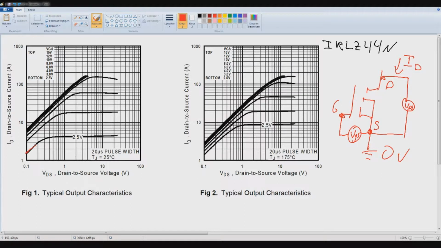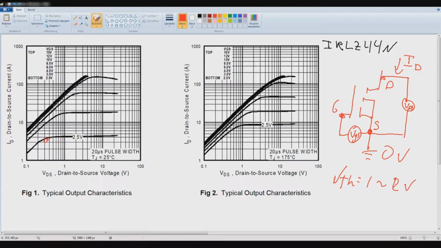If you look at the first line, which is at the gate to source, the gate is 2.5, and if you remember that V threshold was about 1 to 2 volts, so we are starting at 2.5 volts, and the further we go into the drain to source voltage, the current doesn't really increase much.